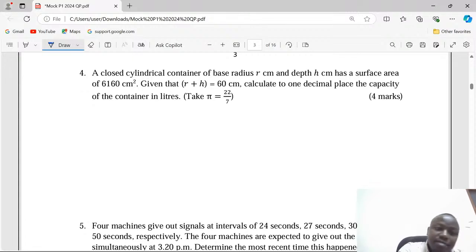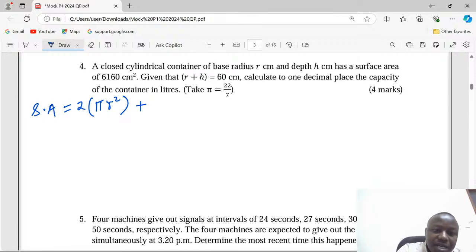For a cylinder, since it is closed, it has the two circular parts, so 2 multiplied by the area of a circle, pi r squared, plus the curved surface, which is 2 pi r multiplied by h. All this surface area will be equivalent to 6160.